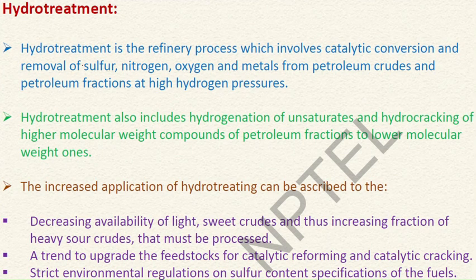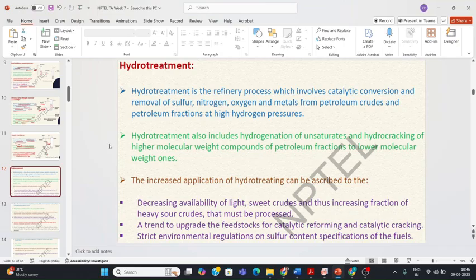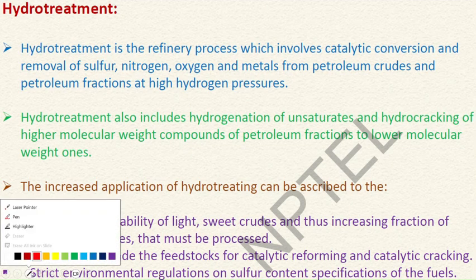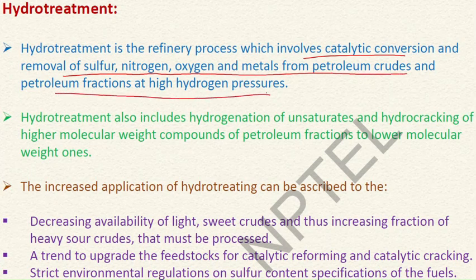Now coming on to the hydro treatment. Another purification process, one of the most important purification processes, is hydro treatment. So hydro treatment is the refinery process which involves catalytic conversion and removal of sulfur, nitrogen, oxygen, and metals from petroleum crudes and petroleum fractions at high hydrogen pressure.